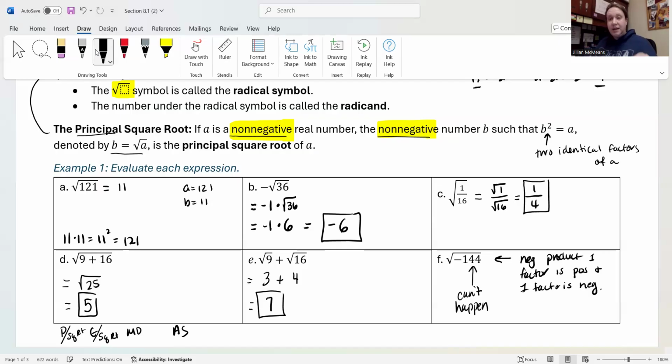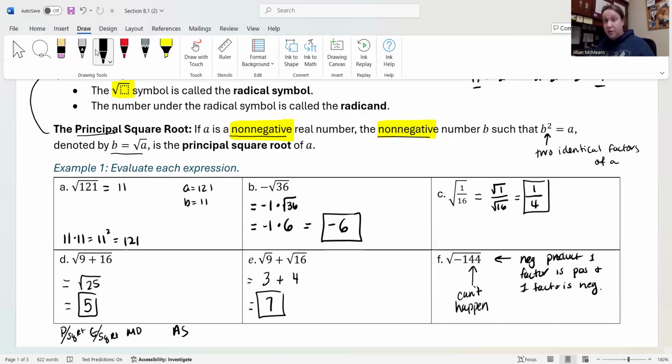There's no way to get two identical factors of a negative number. And the square root of a negative number is one of two identical factors. We're never going to have two numbers that are identical to each other, same number, same sign, that'll ever give us a negative product, not in the real number system anyway.